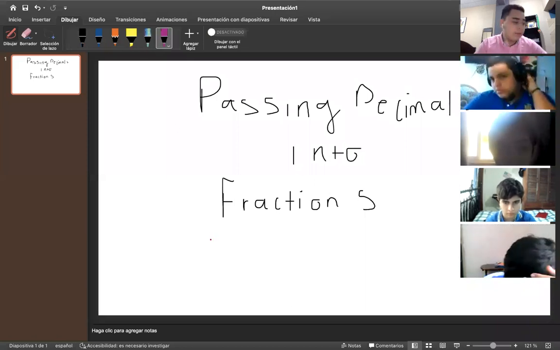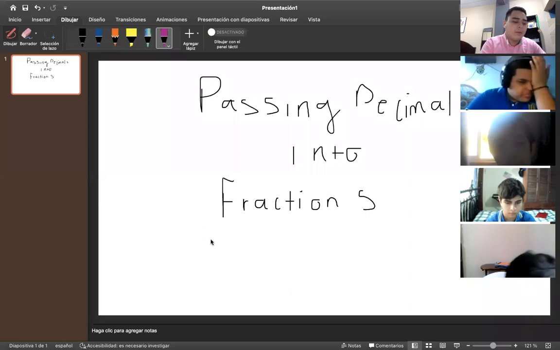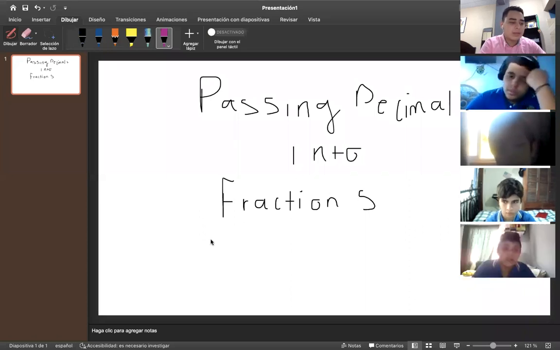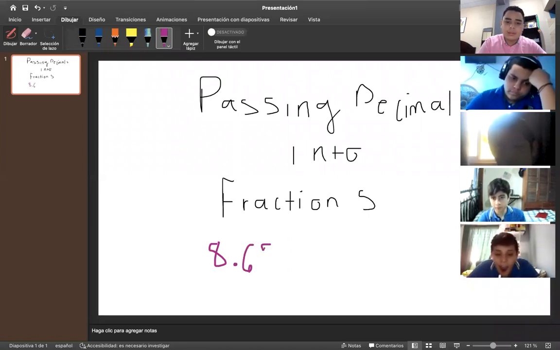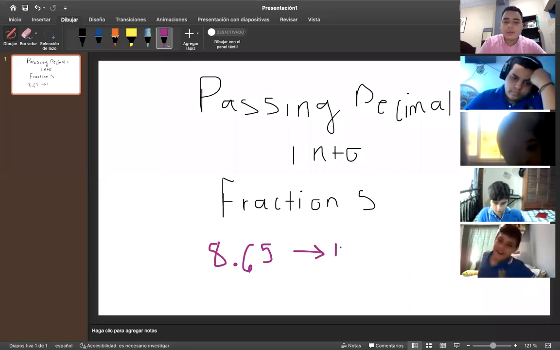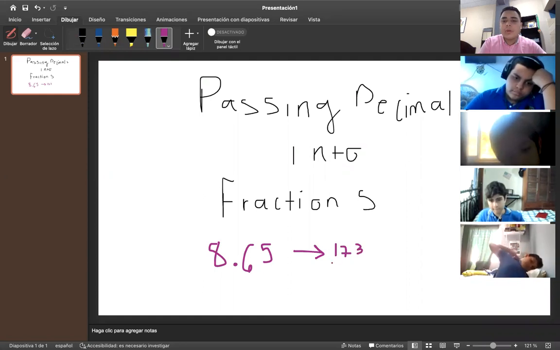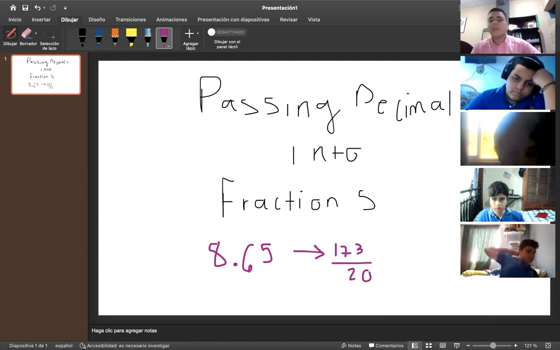For example, if we have 8.65, we're going to learn how to pass 8.65 into a fraction. And the fraction of 8.65 is 173 over 20.